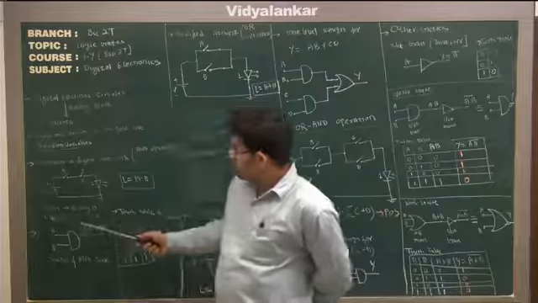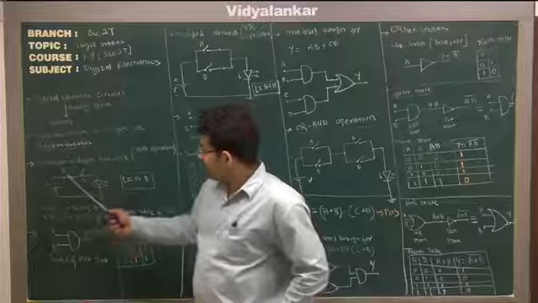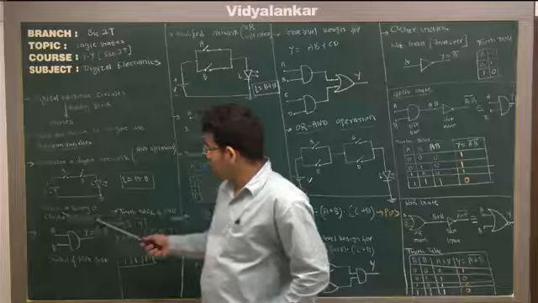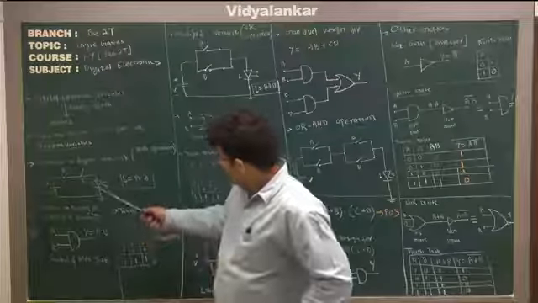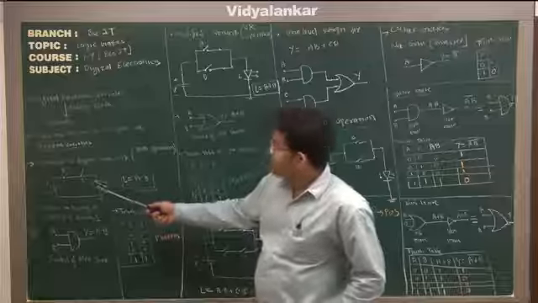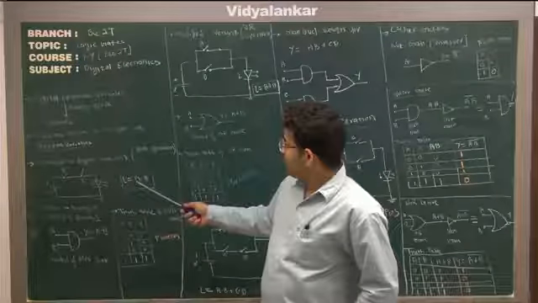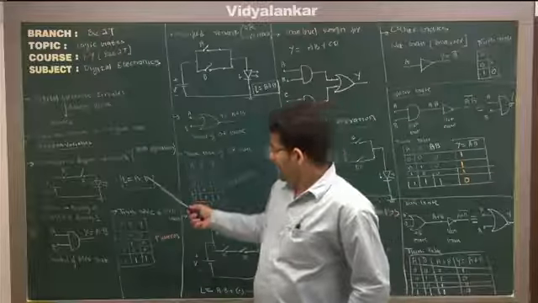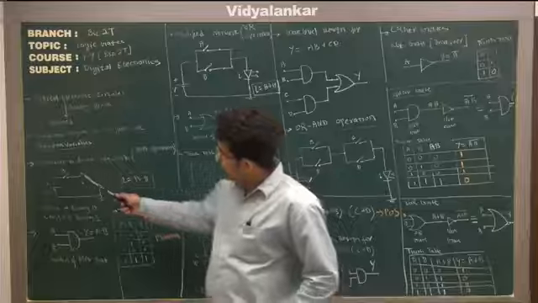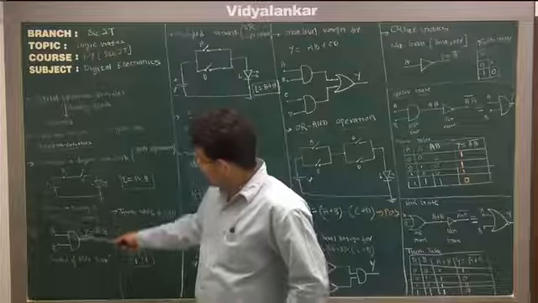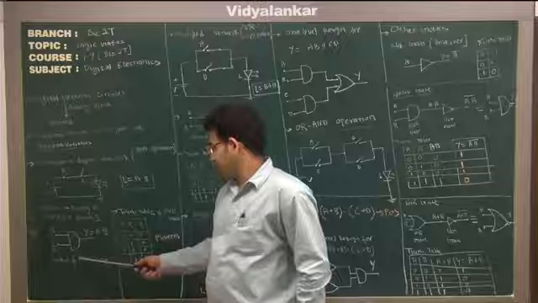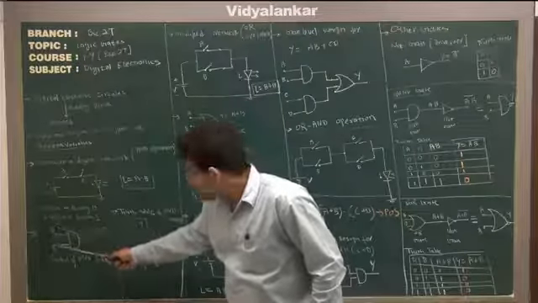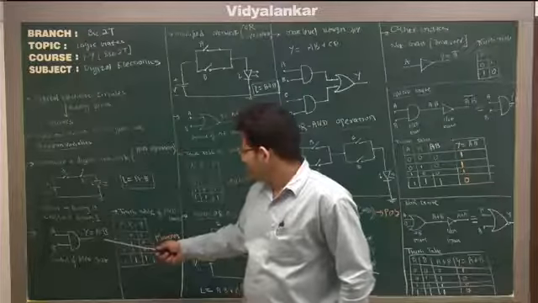So, in binary or in a digital circuit, if I represent the open position by 0 and the closed position by 1, I can say this L, that is the light from the LED, can be written as A into B. So a digital circuit or digital symbol equivalent to this network is your AND gate. So this is the symbol for the AND gate. You have two inputs A, B, and the output is A into B.